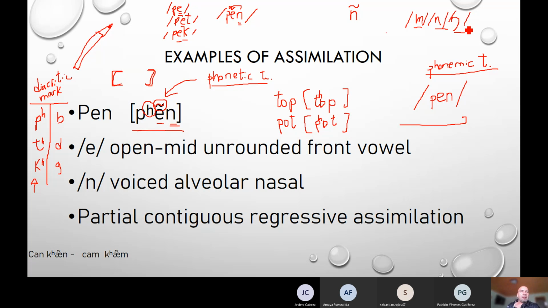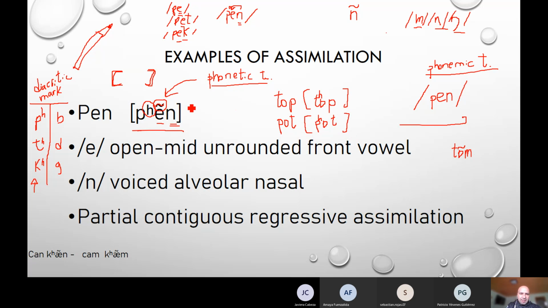So, for example, in the word "Tom," we have a nasal sound at the end. So the previous vowel sound is going to have this diacritic mark above, saying that this vowel sound has been nasalized by the following sound.